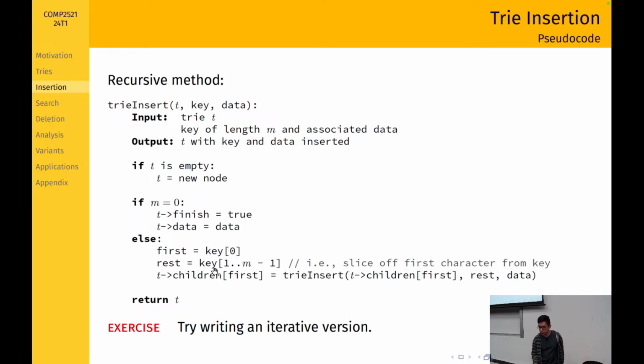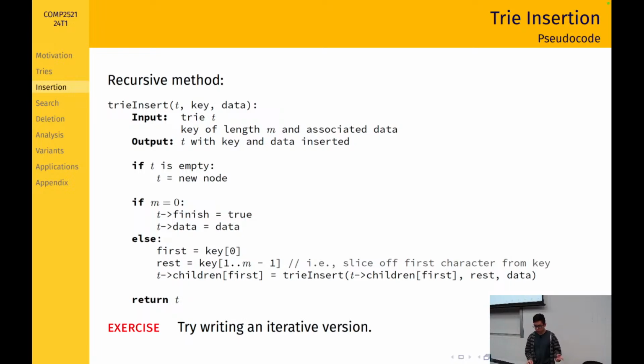And what we'll do is we're going to recursively insert into the trie at this index corresponding to the first character in the key. Right? And then we're going to pass in the rest of the key, so everything except for the first character, and also the data. Right? And at the end, we return our new subtrie.